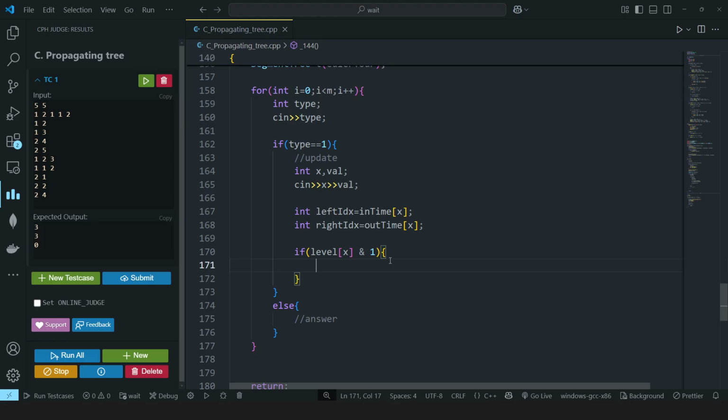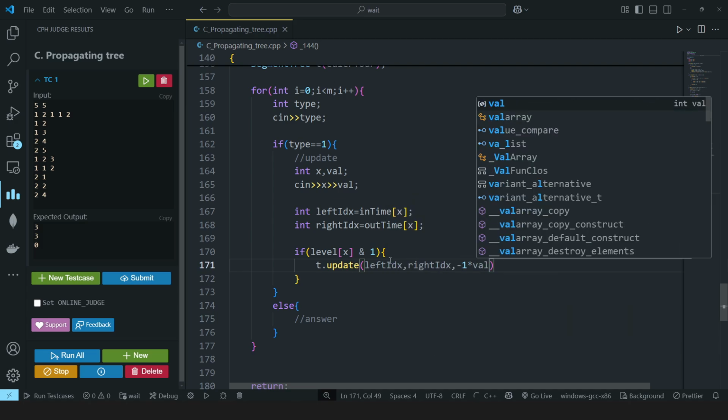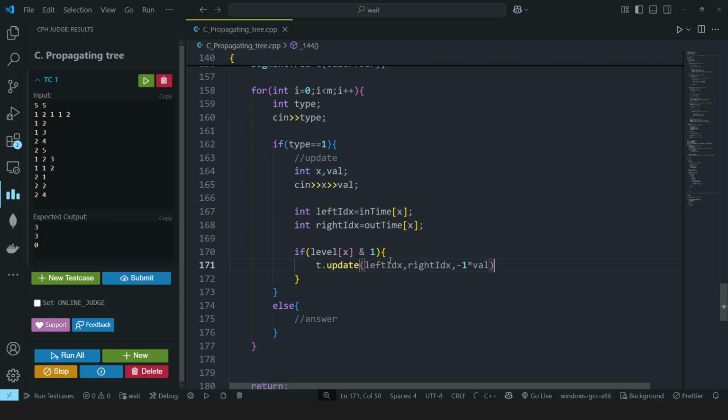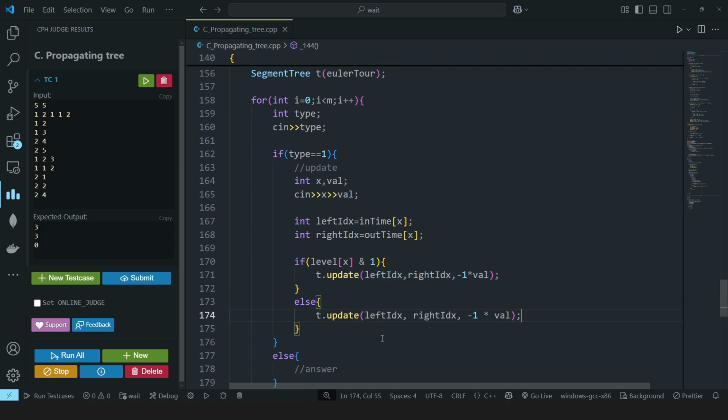So I will say t.update from this left index to this right index by a negative value of this val. I just told you in the explanation very well why we did this. And if this is not the case, it means that the level is even. If the level is even, I have to update the whole range, but by this plus val only and not minus.